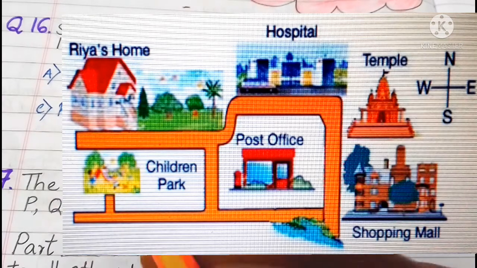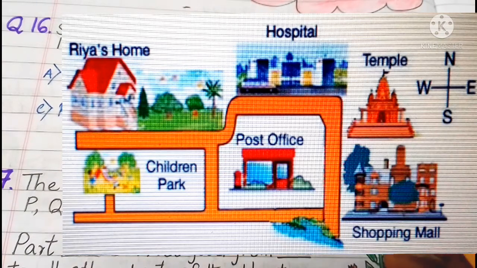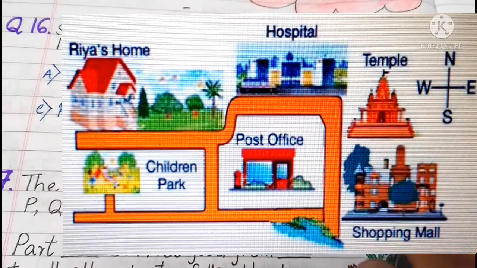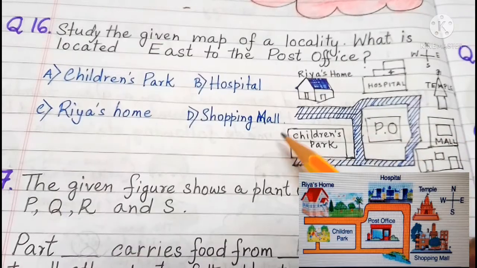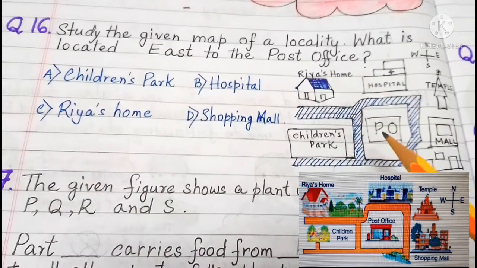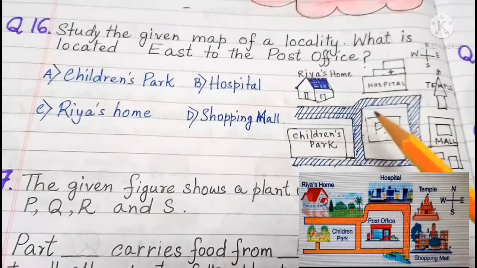Question number 16. Study the given map of a locality. What is located east to the post office? Okay, so for this map, east, west, north, south is like this. East to post office.